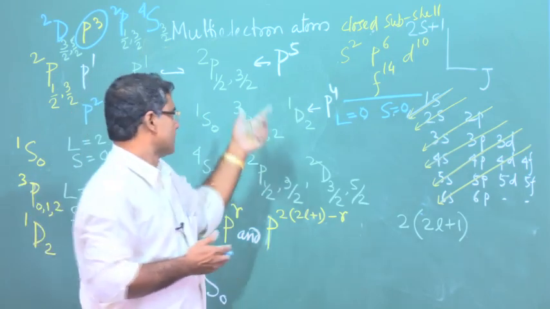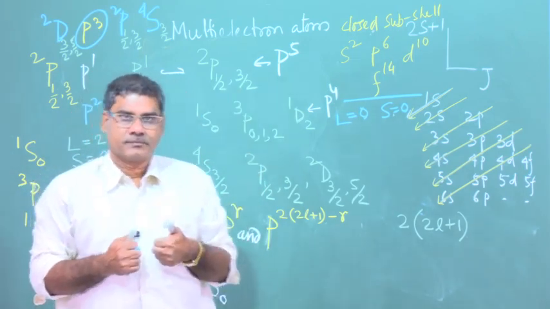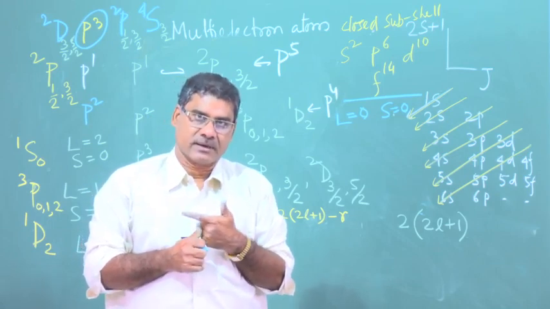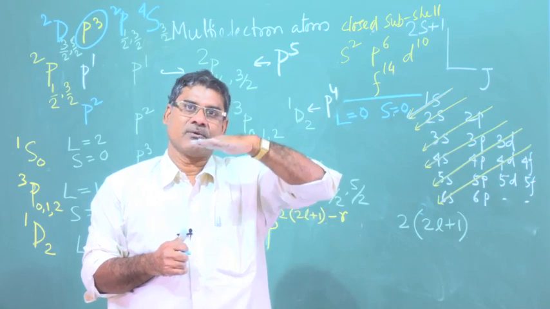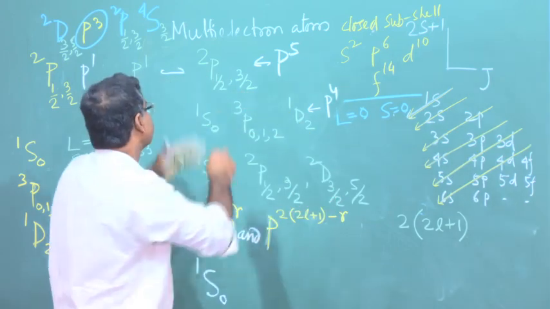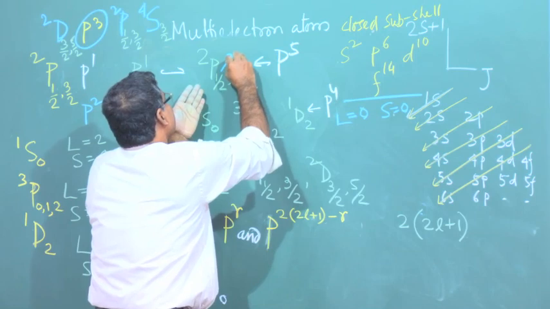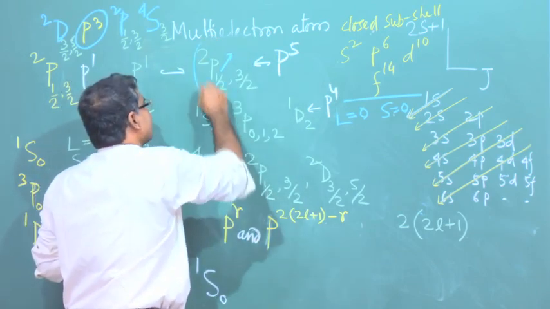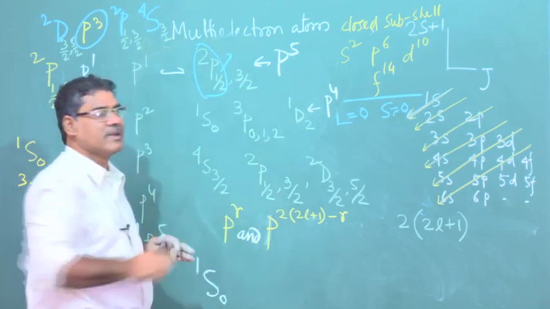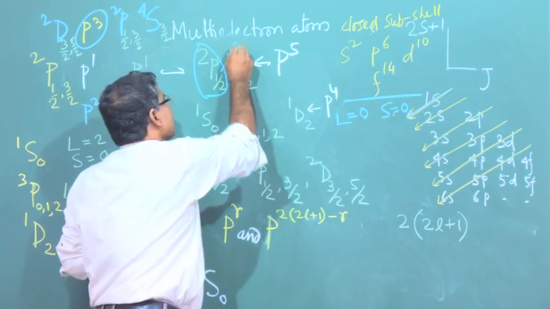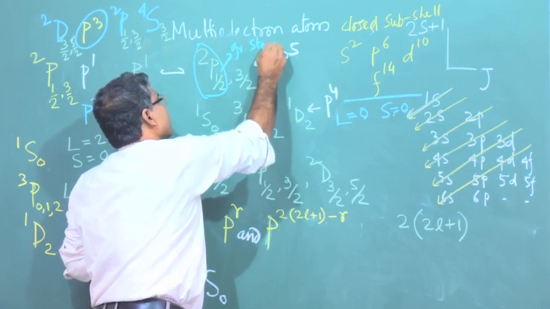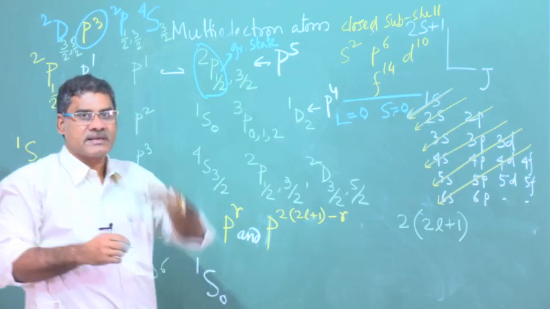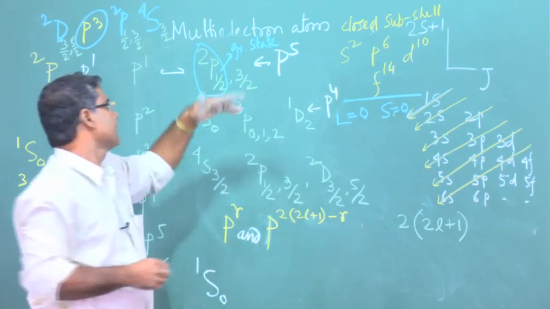The lowest J value will have the lower energy state, and the higher J value will have the higher energy. So obviously 2P1/2 will be the ground state, and the energy of 2P3/2 is higher than 2P1/2.